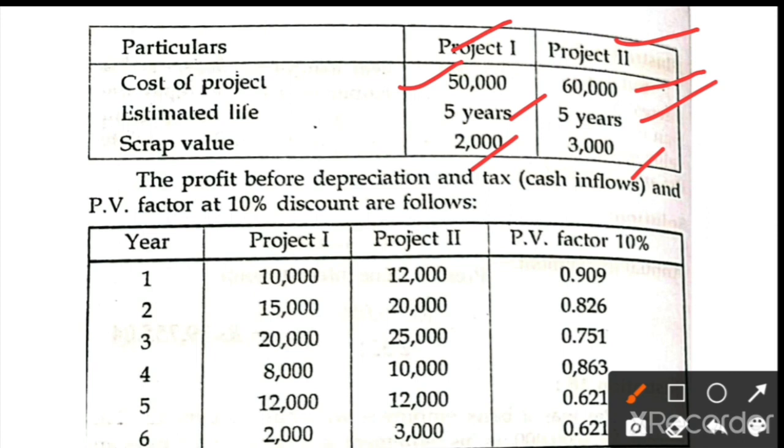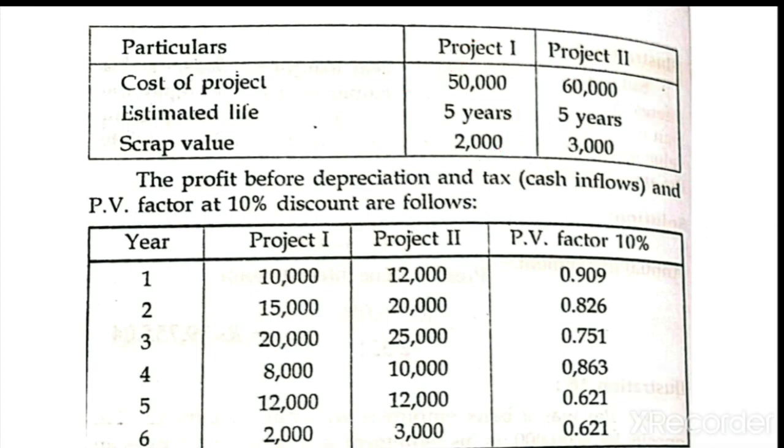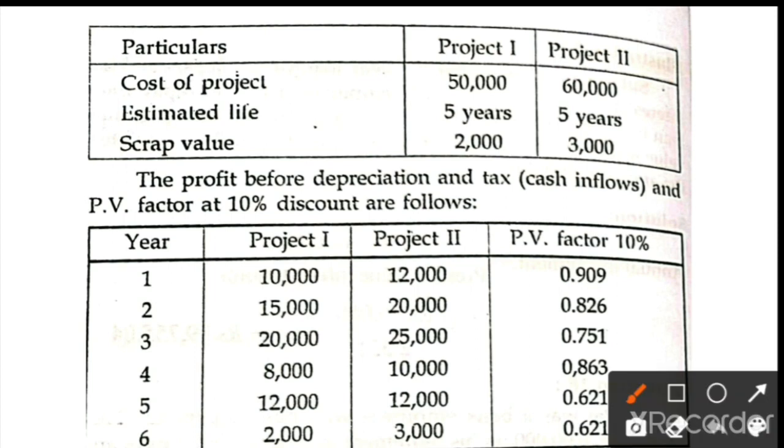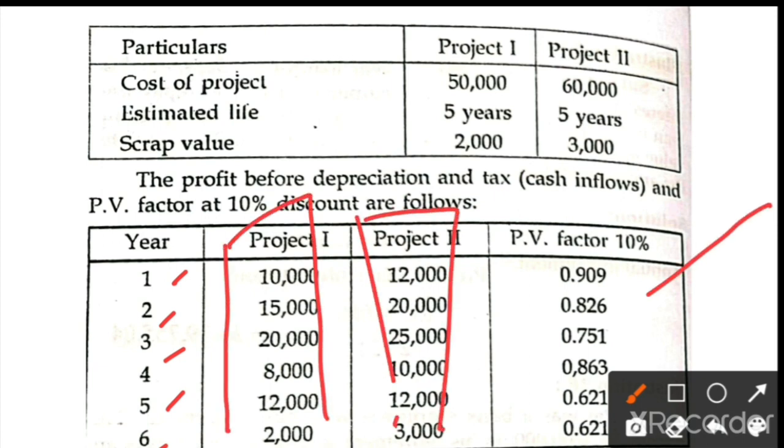Okay, so first, they are also given information for 6 years. Is it clear? And also they are given project 1 information. This is project 1 and this is project 2, and the PV factor. There is no need to calculate the PV factor, because they are already given. So in both project 1 and project 2, the same PV factor will be applicable.